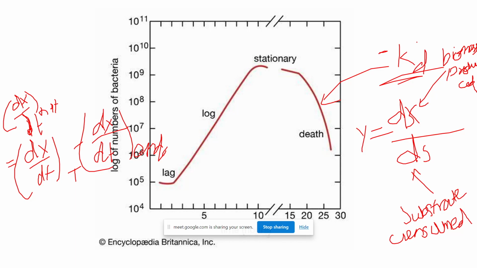Ma'am, actually your voice was echoing, please repeat it again. Should I explain it again from the beginning? No, ma'am, just the minus Kd. I'm saying that the bacteria consume their own cells, that's why it's minus.